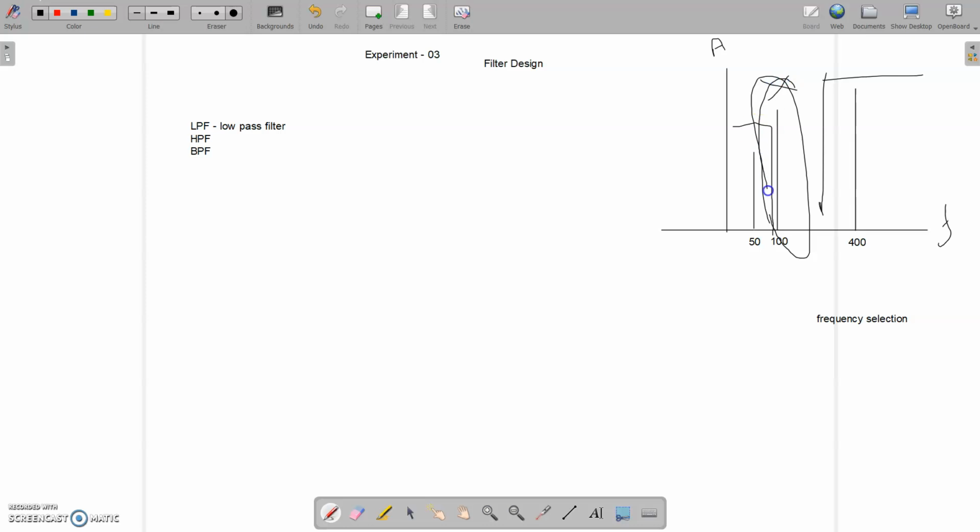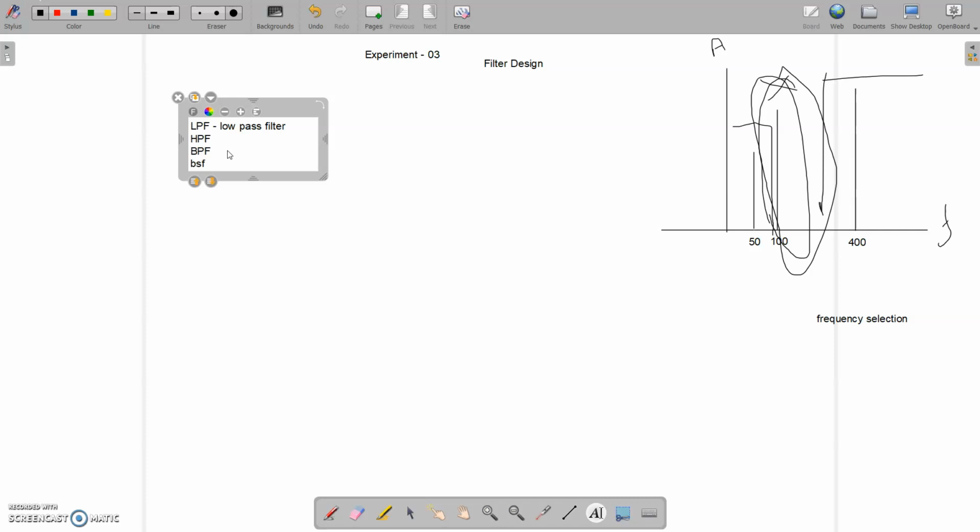So I want only this portion. That is what we call band pass. I will allow only a certain portion to pass. After the band pass filter, there is another one called BSF, the band stop filter. We'll look into these individually one by one.